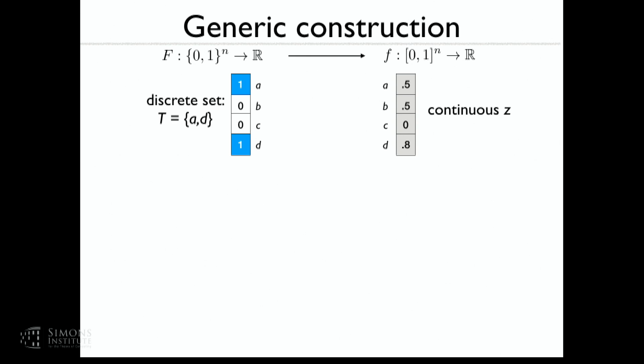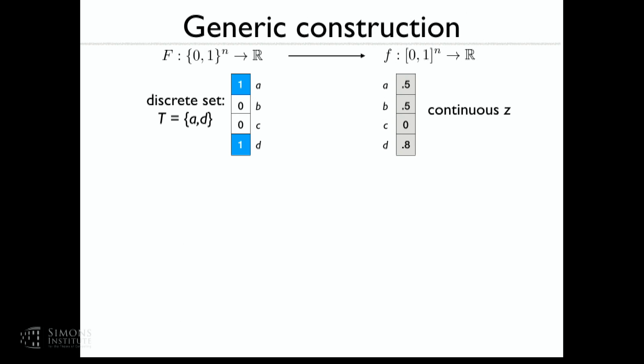So here's a generic construction for how we could arrive at such an extension or continuous function that interpolates our submodular function. We know we can evaluate our submodular function on discrete vectors, and now I have a continuous vector, and I want a function that I can evaluate here that has something to do with that function.